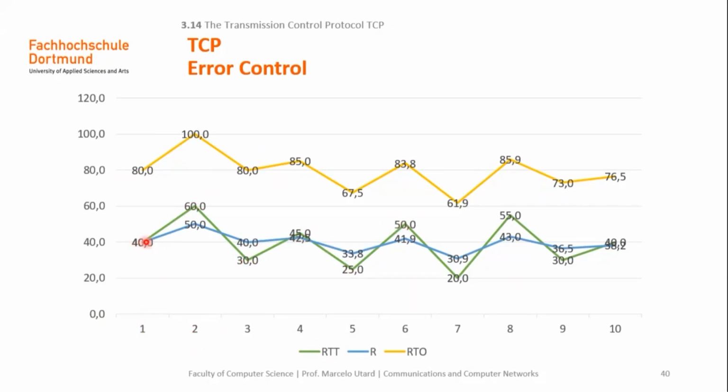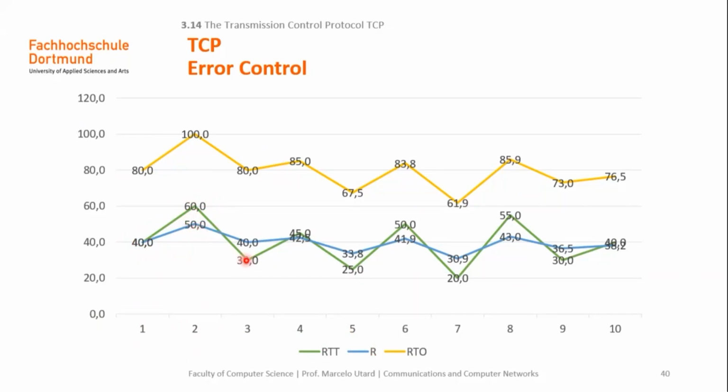In fact, if we calculate this smoothed round trip time using half of this round trip time and half of this round trip time, half of this is 20 plus half of this is 30, 20 plus 30, and then we estimate the smoothed round trip time to 50.